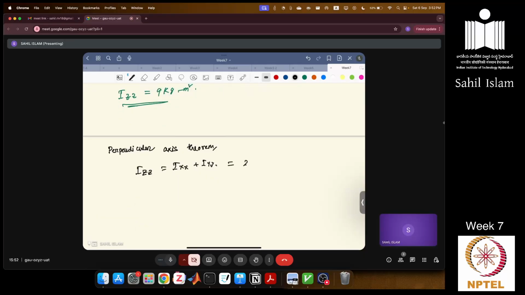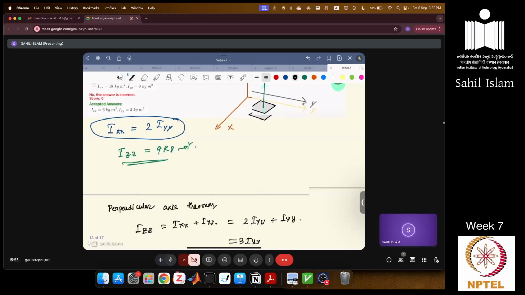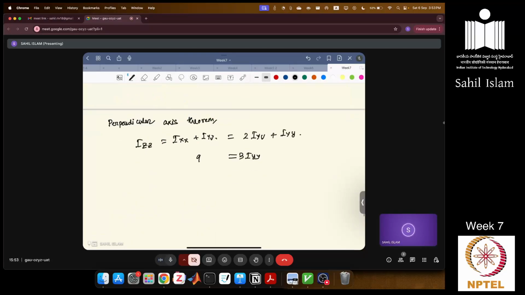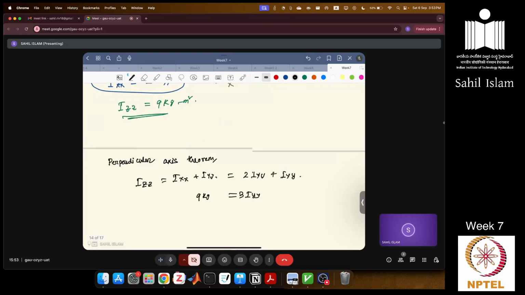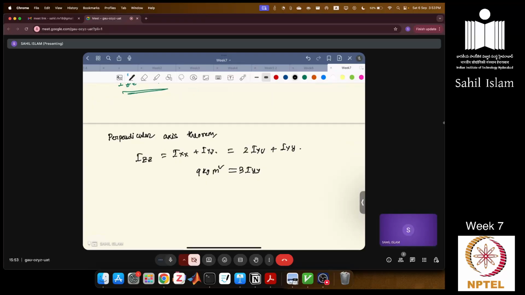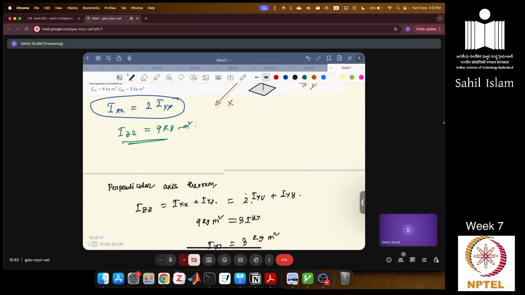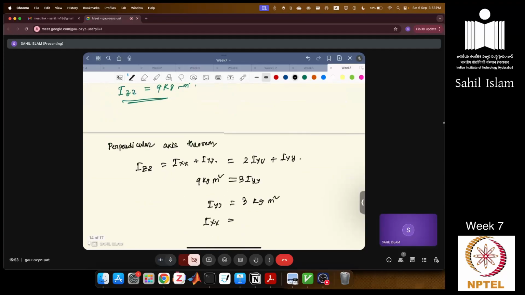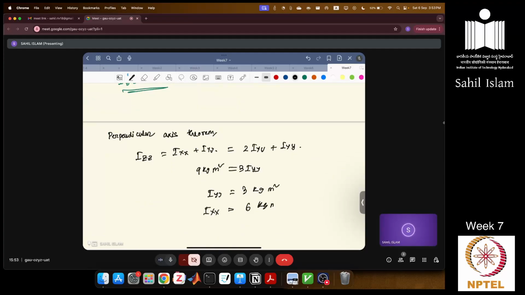So 2Iyy plus Iyy equals Izz. So 3Iyy equals Izz, which is given as 9 kg meter square. So Iyy equals 3 kg meter square. So Ixx will be double of this, so 6 kg meter square.